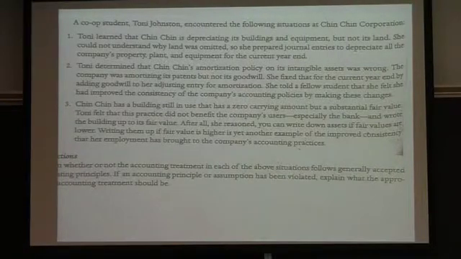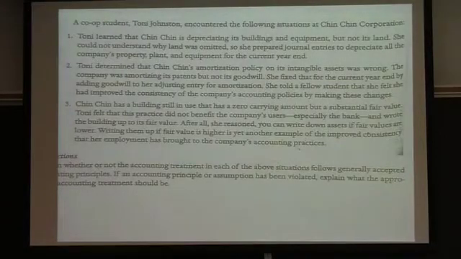Land does not decline over time in its usefulness or economic benefit. Oftentimes the usefulness of land is indefinite because of its finite nature. So therefore, it would be incorrect for the co-op student to depreciate the land. Okay, so that's the answer for the first part.